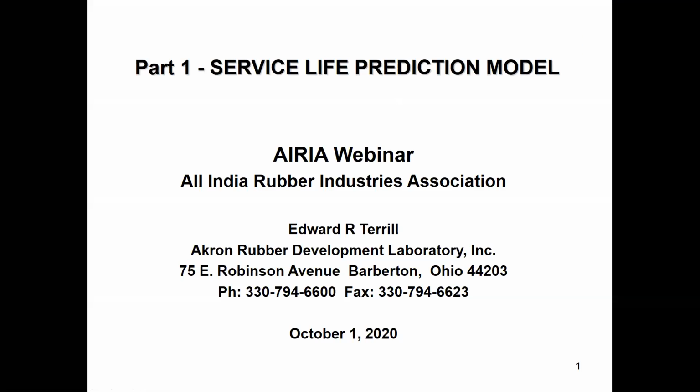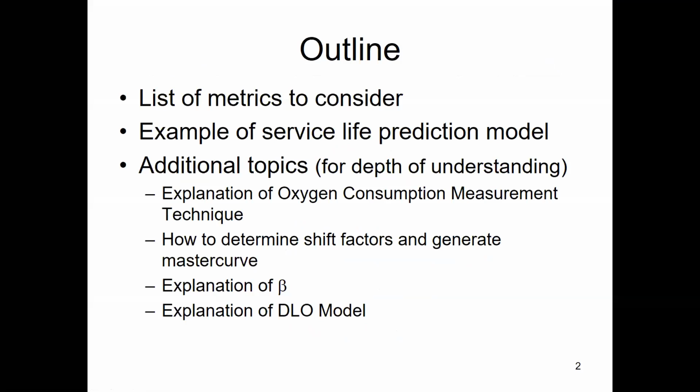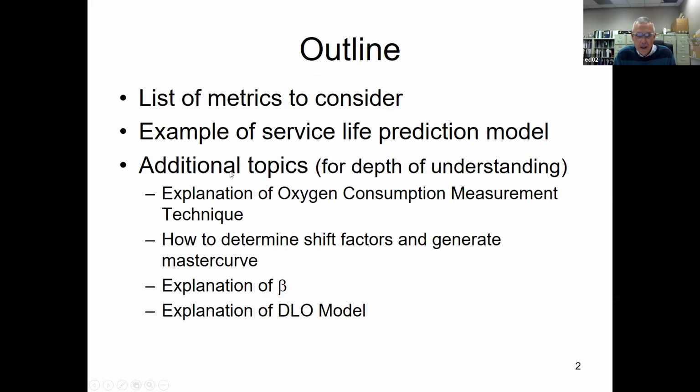Okay, so here's an outline of the topics that we want to cover. First, I call it a list of metrics to consider when you're doing service life prediction, and then an example of service life prediction modeling. And then at the end, if we have time, I call it four additional topics for depth of understanding.